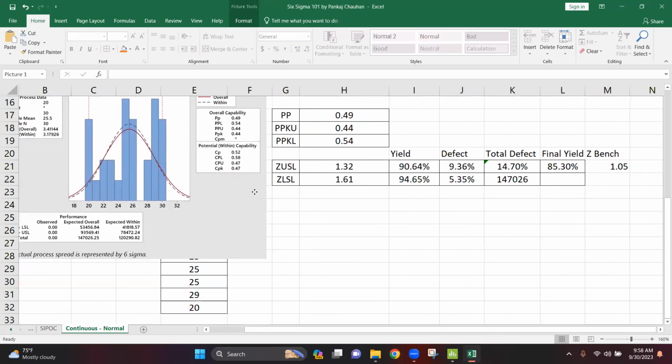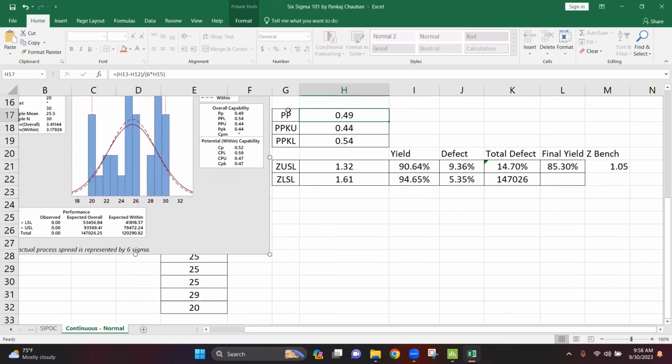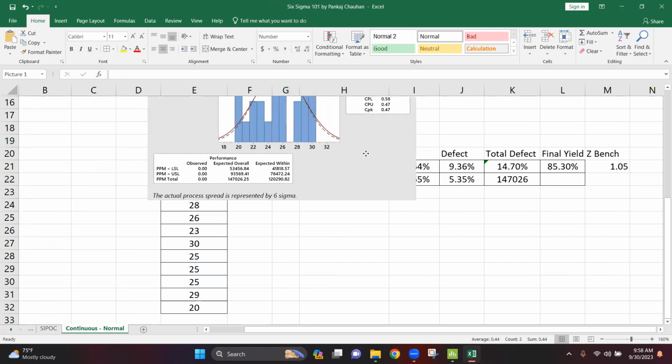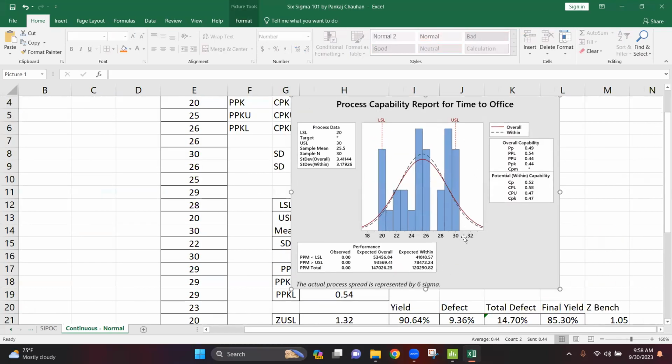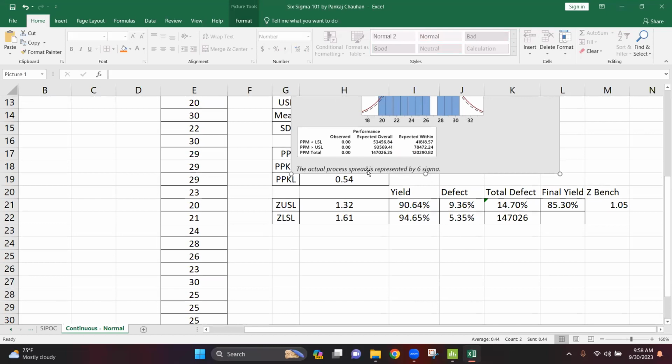You will see that PP is 0.49, PPL is 0.44, and PPU is 0.44. Now you have the expected and the overall performance as well. This is your overall capability, the long term.